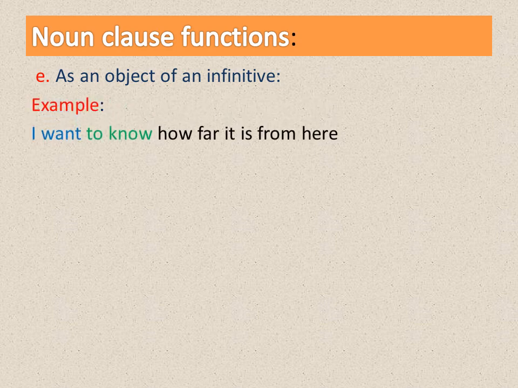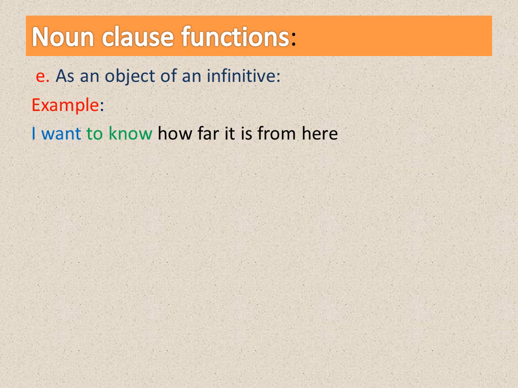I want to know how far it is from here. So in this sentence, I want is a main clause. To know is an infinitive, so to plus verb form. How far it is from here is a subordinate clause. It is not giving complete meaning.